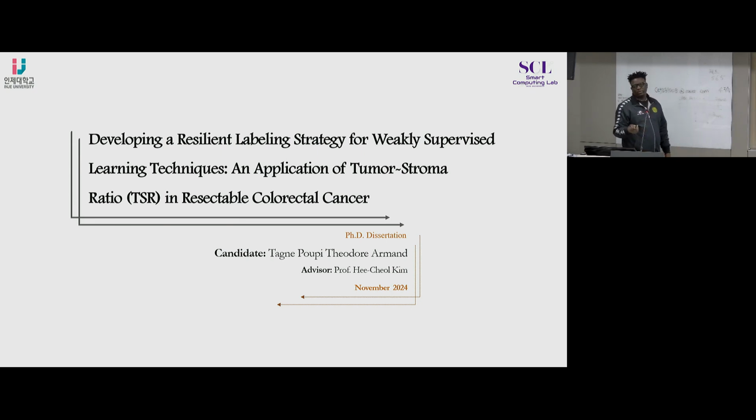Sometimes 512 by 512 or 224 by 224 is small. But when you go to an image of more than 3 gigabytes, just one image with a huge size, 300,000 by 300,000, how do you expect a pathologist to analyze it and get a final response? It becomes a little difficult.